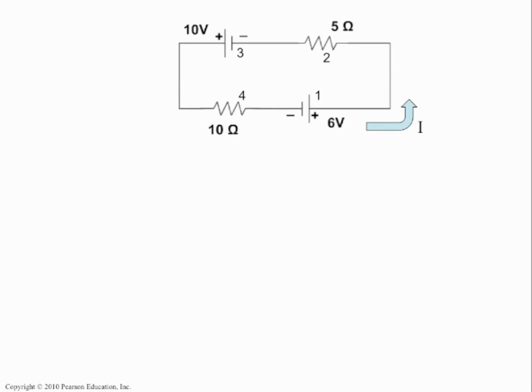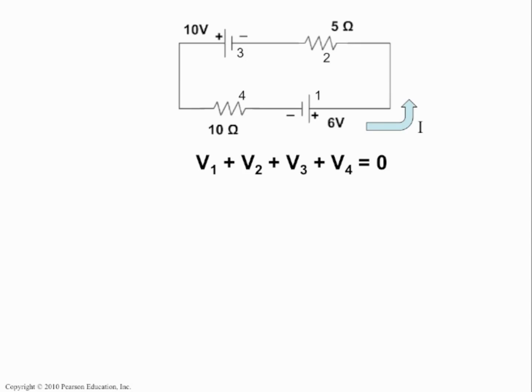Okay, now we're going to label each element in this series circuit with a number. You don't normally need to do this. We're just doing this for the first time to kind of clarify what's going on. And we're going to set up an equation that really just expresses the loop rule. All right, because we have the loop rule that tells us that as you're going around a circuit, the algebraic sum of the voltages has to be 0, because you're going to have voltage gains and voltage drops, but there can be no net gain and no net increase in voltage.